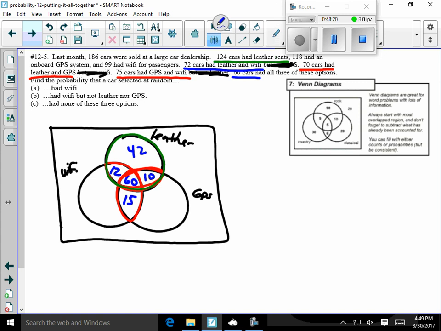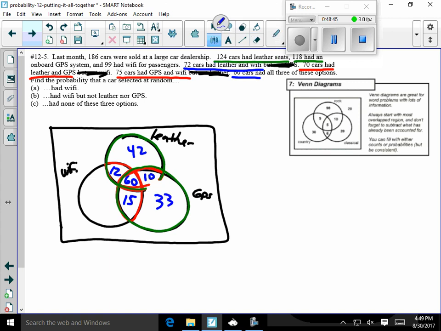And if you use that same strategy, we're talking about 118 had onboard GPS. That would be this circle. Everything in there has to add up to 118, but we already have 60, 10, and 15. So if you subtract those from 118, that turns out to be 33. Right, 33.